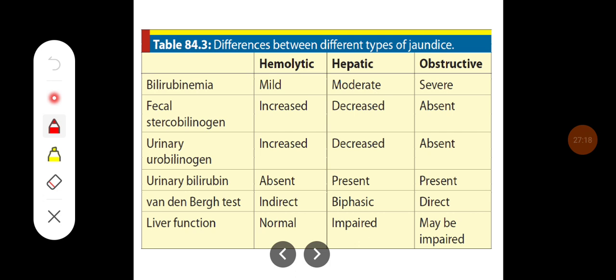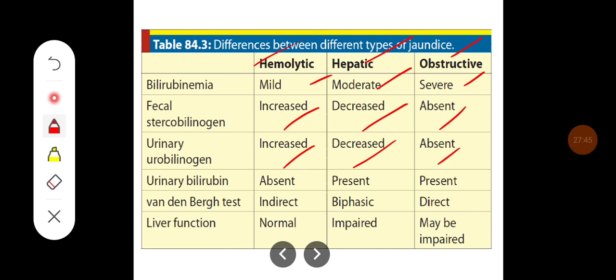So these are the differences between the three different types of jaundice: hemolytic, hepatic, obstructive. Bilirubinemia is mild in hemolytic, moderate in hepatic, severe in obstructive. Fecal stercobilinogen is increased in hemolytic, decreased in hepatic, absent in obstructive. Urinary urobilinogen is increased in hemolytic, decreased in hepatic, absent in obstructive.